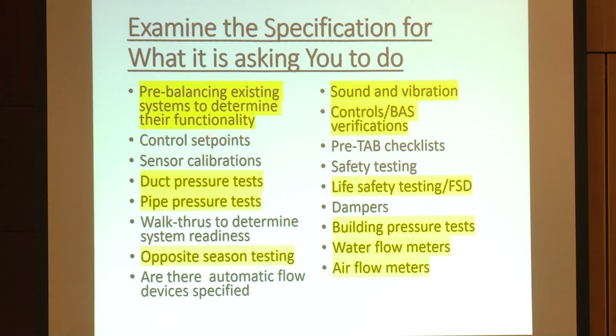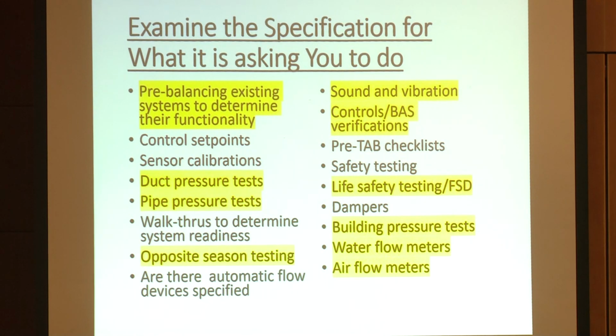For example, this thing here, very important. Many specs, especially existing building, they say, hey, you need to pre-balance the existing systems to determine their functionability. Why? Because at the end of the job, people will say, well, it never worked in the beginning.